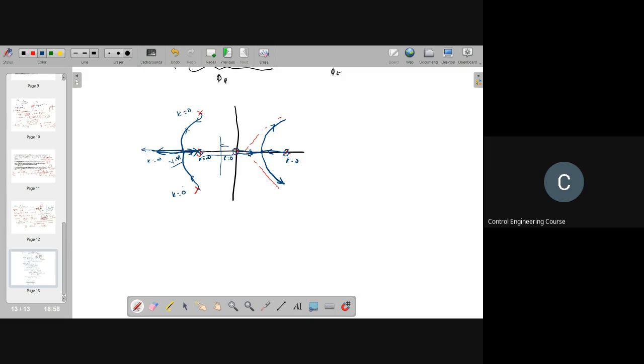That's why there won't be any branch in between these two, so it will only go in this direction, and this will also go in this direction only. They are in opposite directions, meet at this point, and then diverge again here. So as k tends to infinity, this will go to infinity and this will go to infinity, and the direction is given by the angle of asymptotes. That's all.